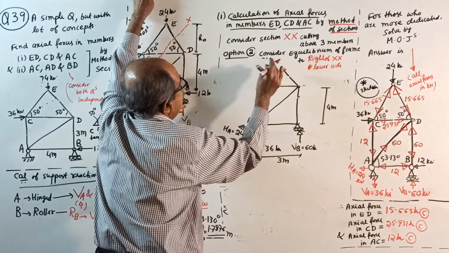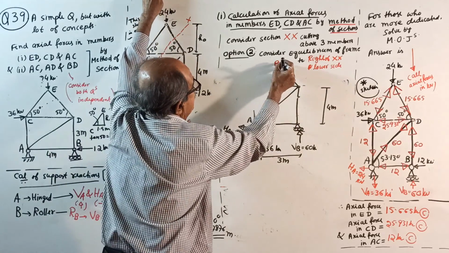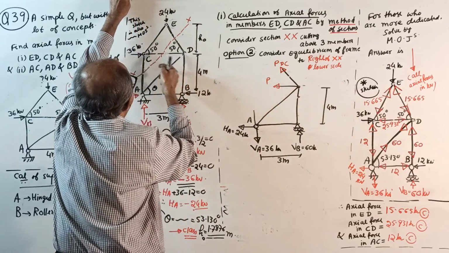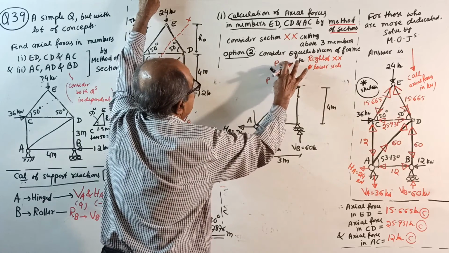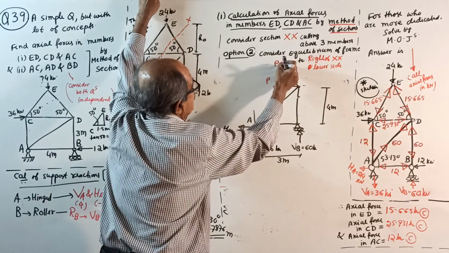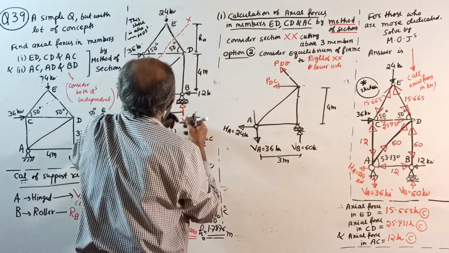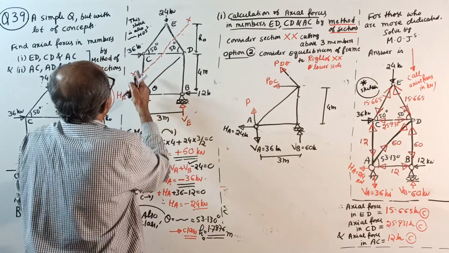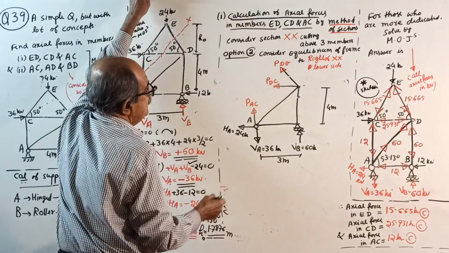Now it is called P, not CD. From here you are calling PDC. That is not DE. This is DC, DE. ABCD problem. PDE, this is PDC. This is PAC.